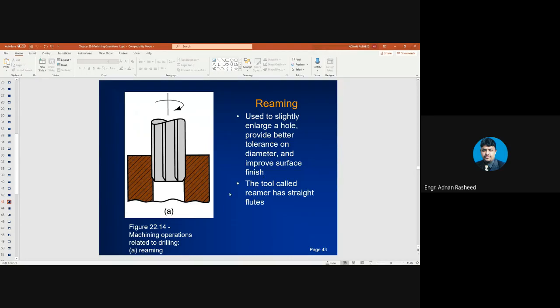The tool that is used to perform the reaming operation is known as a reamer, and that has straight flutes. In drilling operation, you have twist flutes, while in reaming you have straight flutes, and these flutes are used in order to allow the chips to move in these directions.